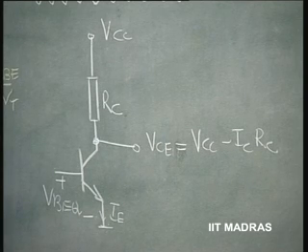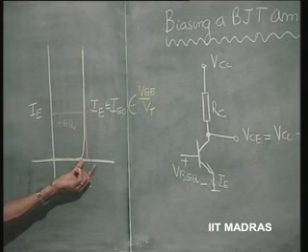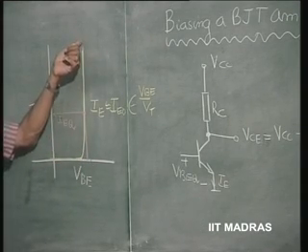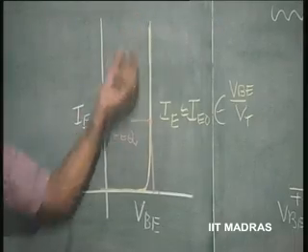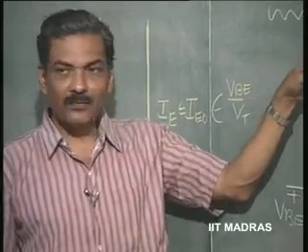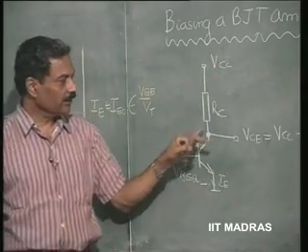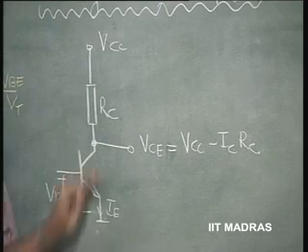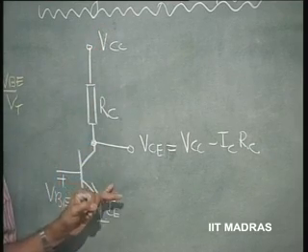But suppose this VBEQ is slightly higher, then let us say the current actually should have been 10 milliamperes according to that VBEQ. But then if you had put 10 volts and 5K, the maximum current in this is going to be 10 divided by 5K, which is 2 milliamperes.